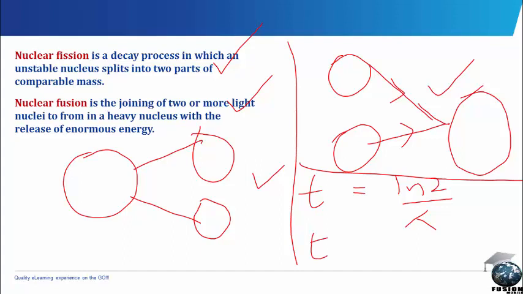So we'll say that T is equal to 0.692 over the decay constant. Pick up your past questions and see how many questions you can solve when we talk about radioactivity and nuclear fusion.